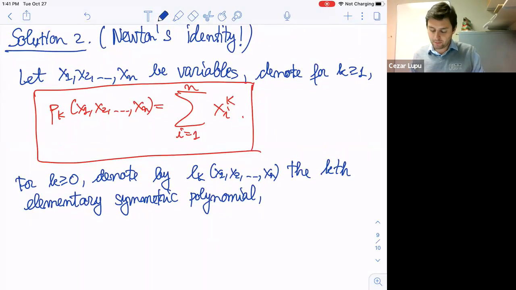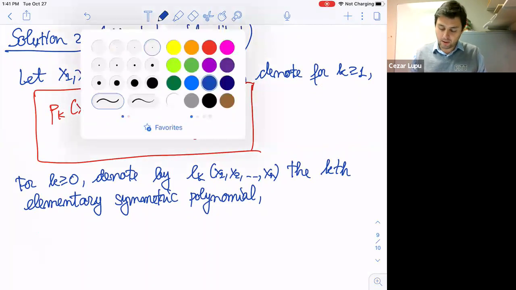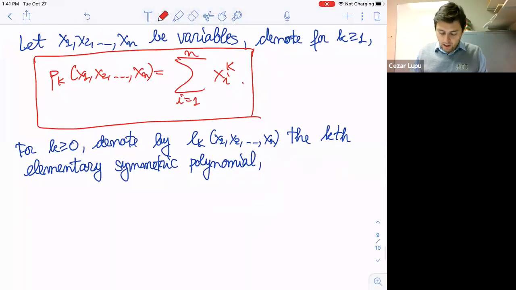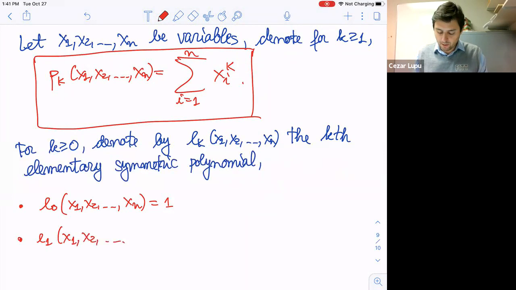Now we'll define them in the following way. E0 of x1, x2, xn is 1. E1 of x1, x2, xn is the sum.